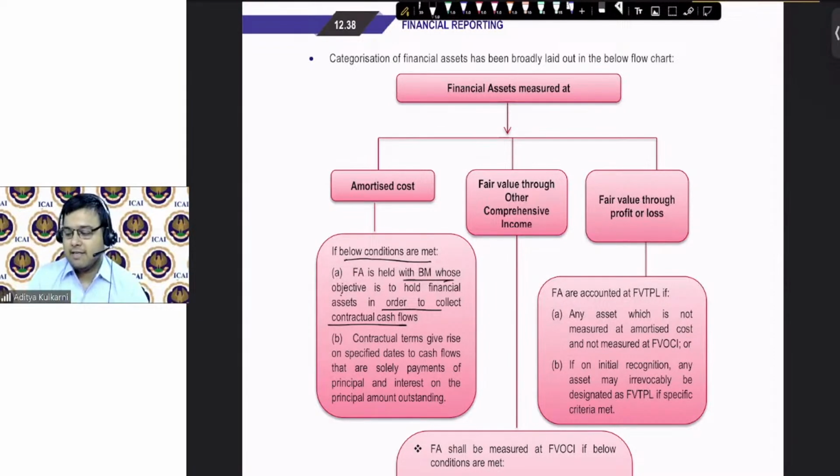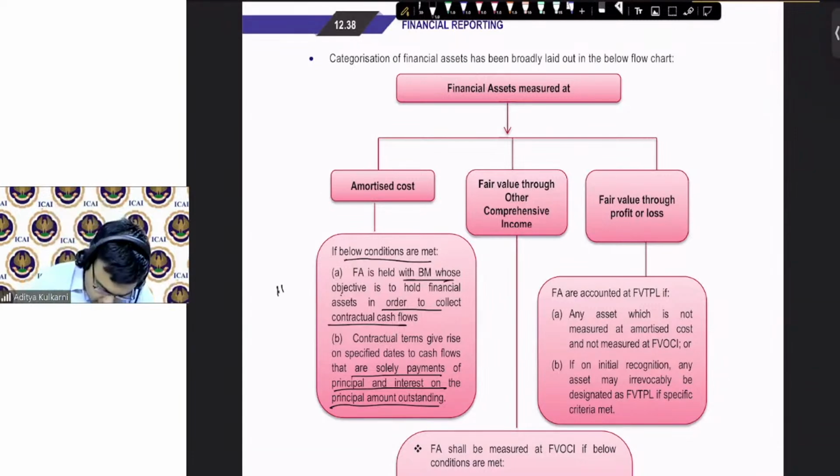Hold financial assets in order to collect. So इसको हम लोग बोलते हैं HTM, hold to maturity. Contractual terms give rise on specified dates to cash flows that are solely payments of principal and interest on the principal amount outstanding. So this is SPPI. This is SPPI. So first one is held to maturity.